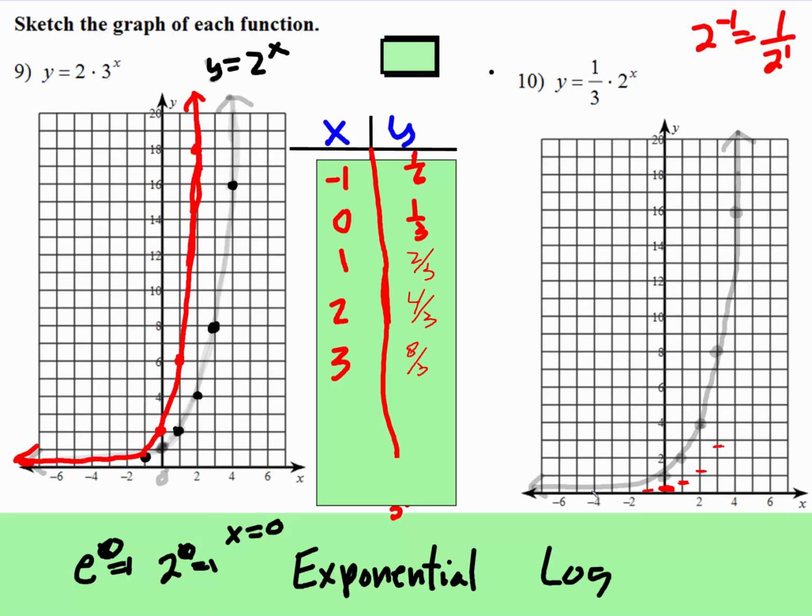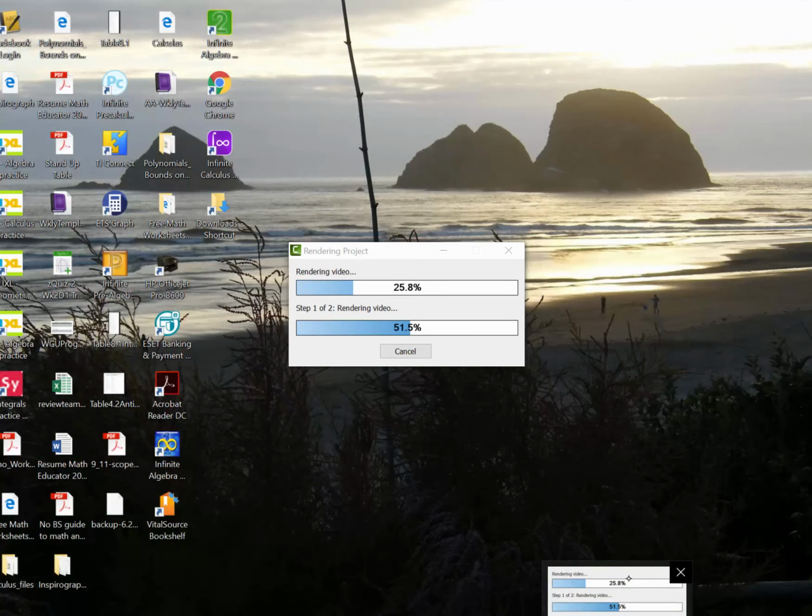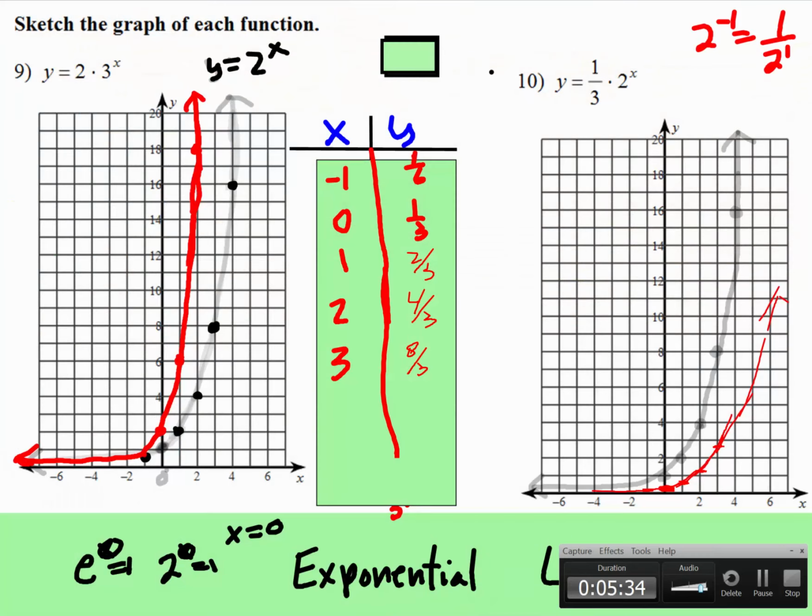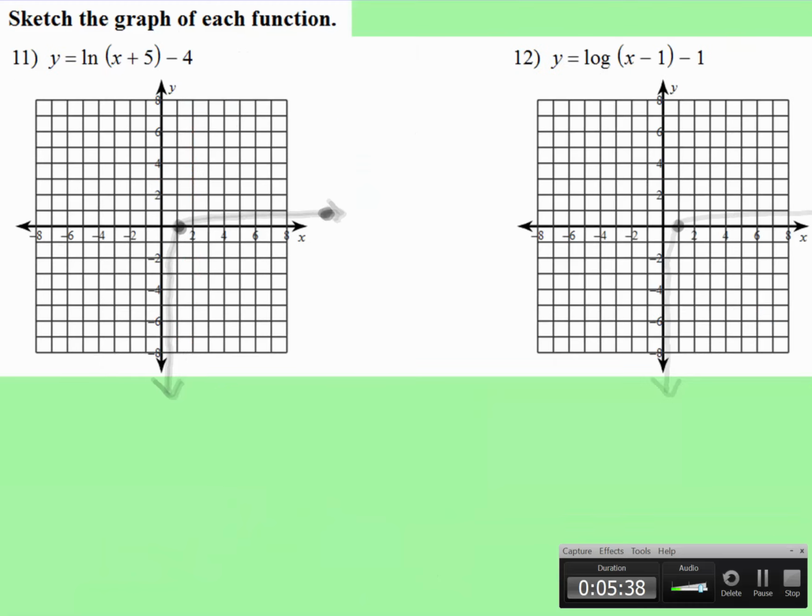So notice this is growing at a much slower rate. All right, I'm going to keep going because I can do these next 2 videos pretty quickly.